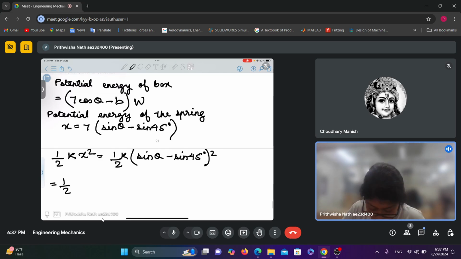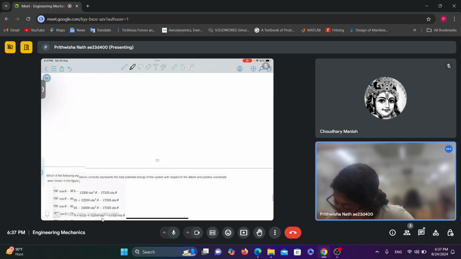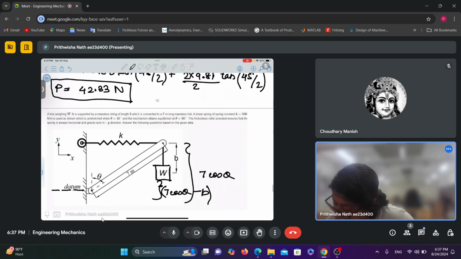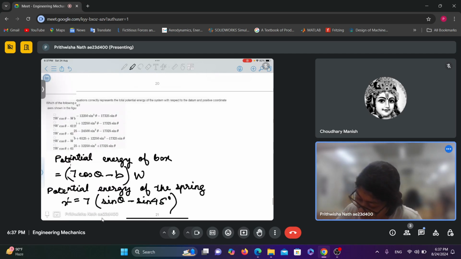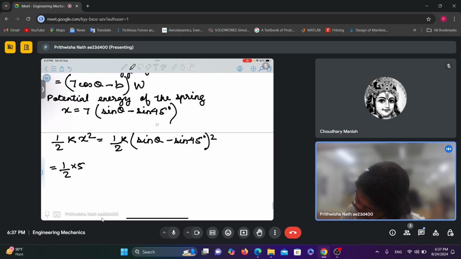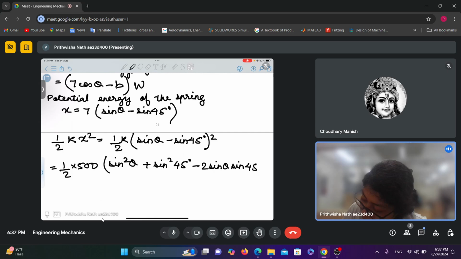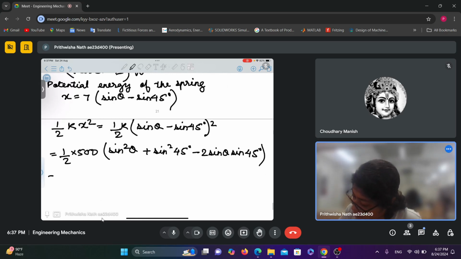So half into k, where k is given as 500. So 500 sine square theta plus sine square 45 minus 2 sine theta sine 45 degree. Now we just need to simplify this.